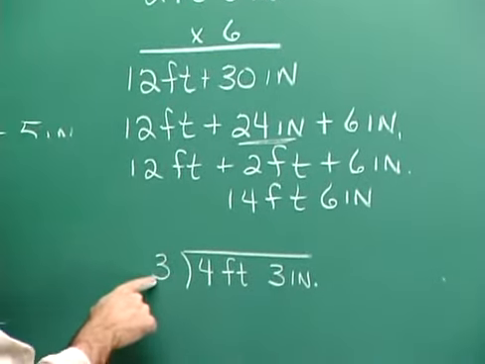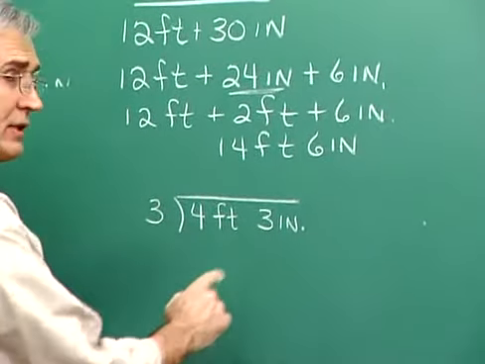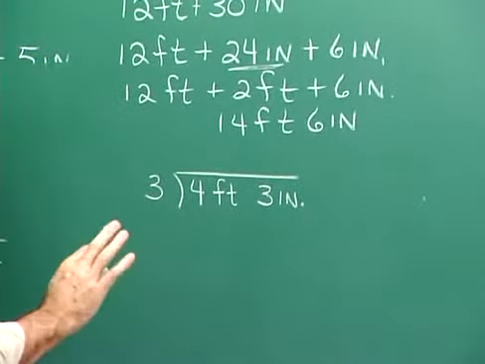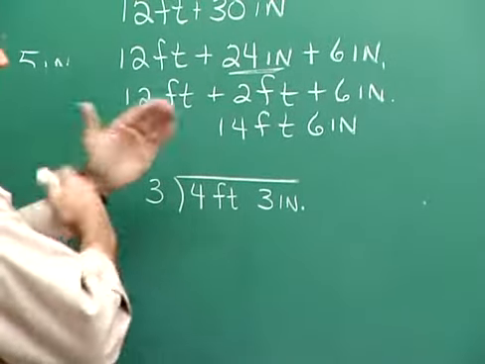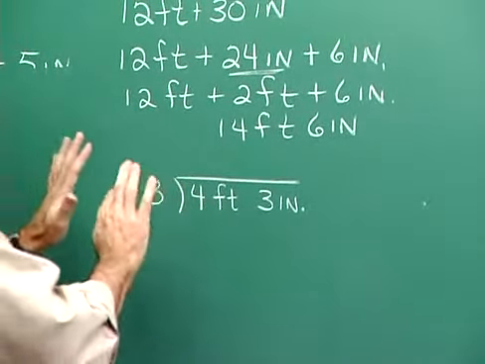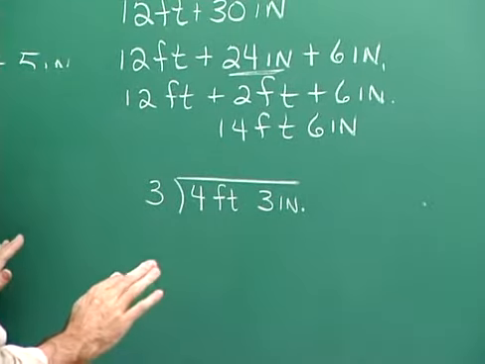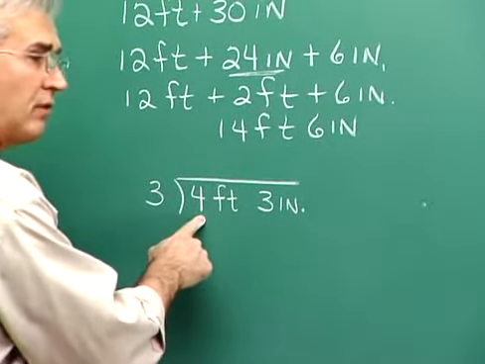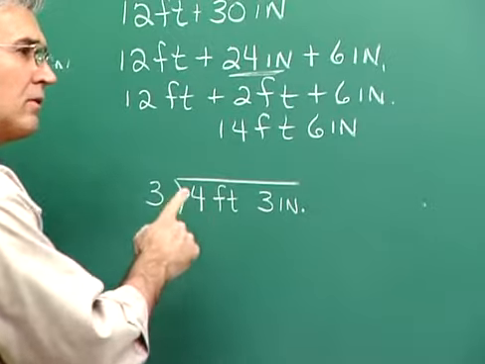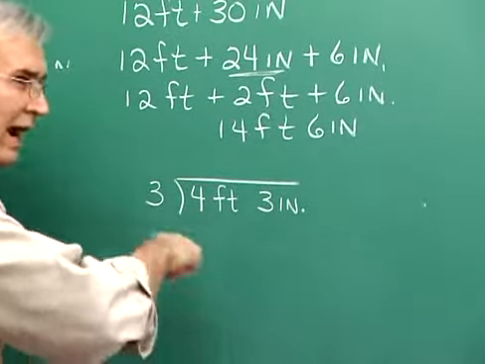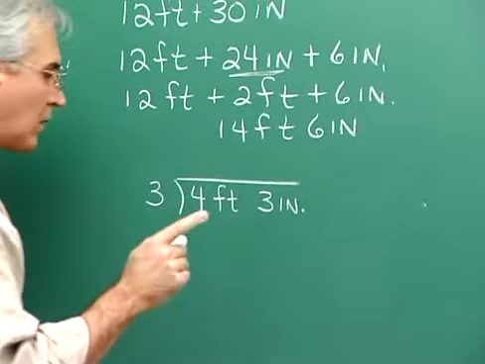We're dividing here 3 into 4 feet 3 inches. Now, division is a very special kind of operation in this overall situation involving measurement. 3 doesn't go into 4 evenly. Now, there are several right ways to take care of this, but here's what I would recommend.